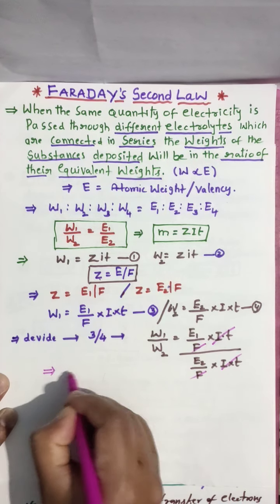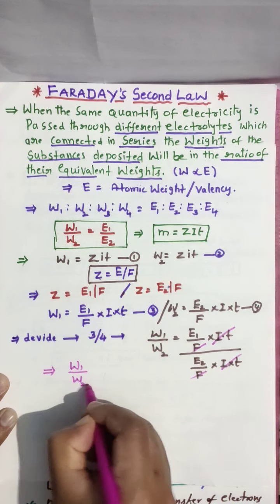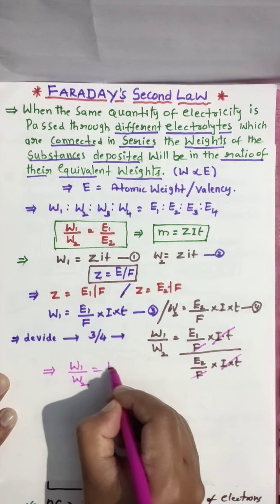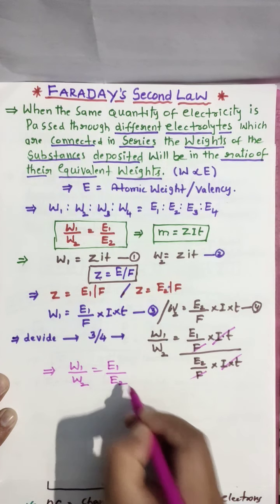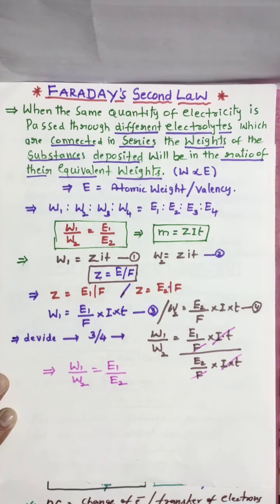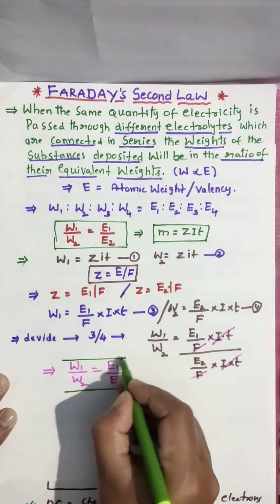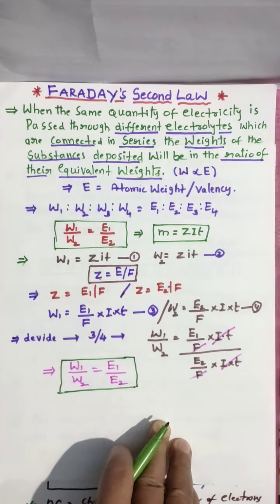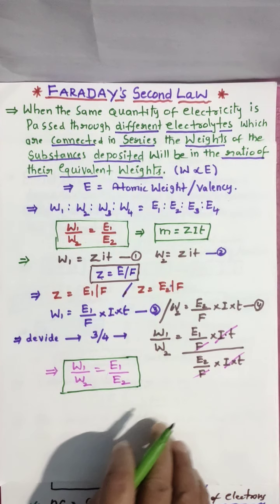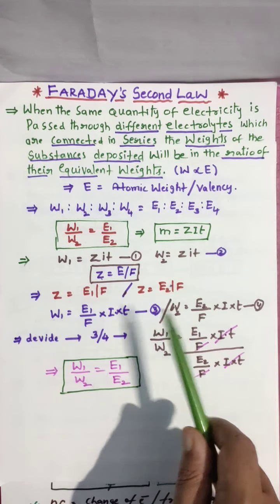Finally what are you getting? W1 upon W2 equal to E1 upon E2. So from Faraday's first law, we derived Faraday's second law. Why? Because both are based on electrolysis only. And this is Faraday's second law.